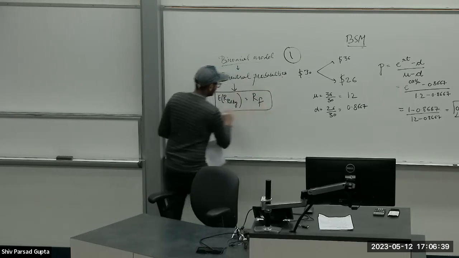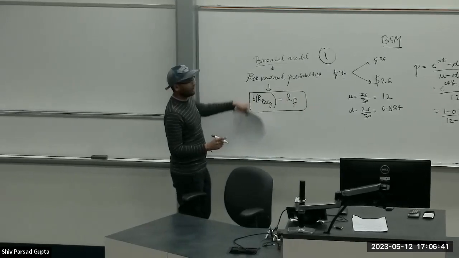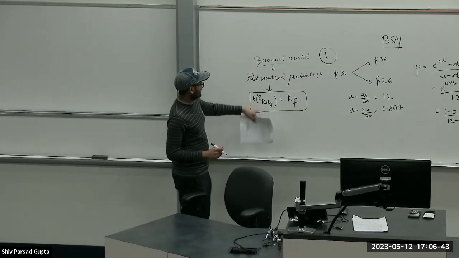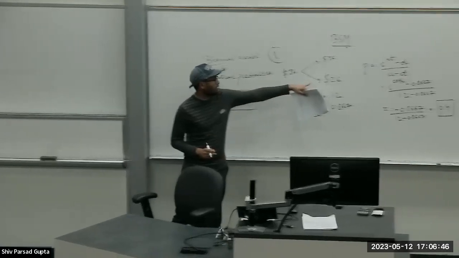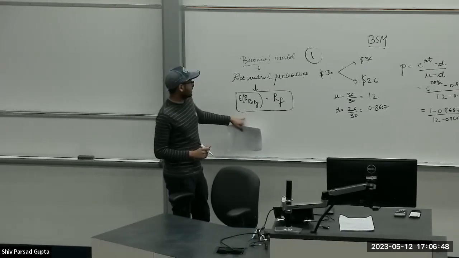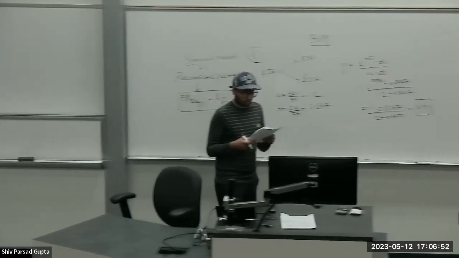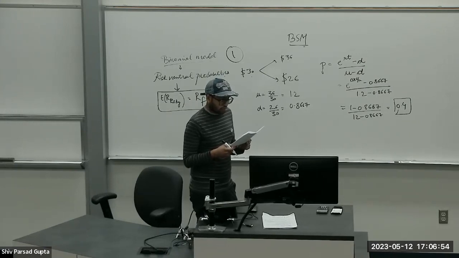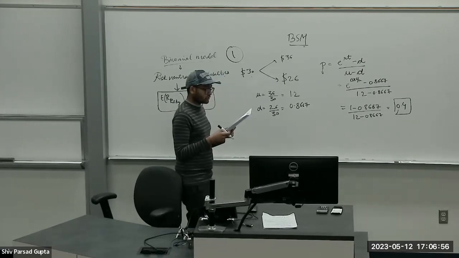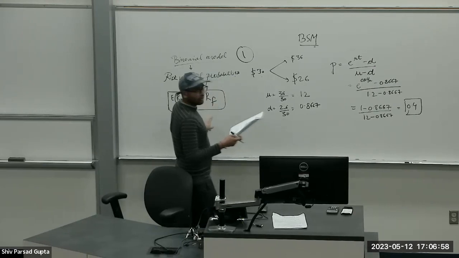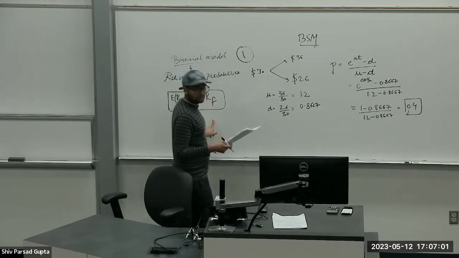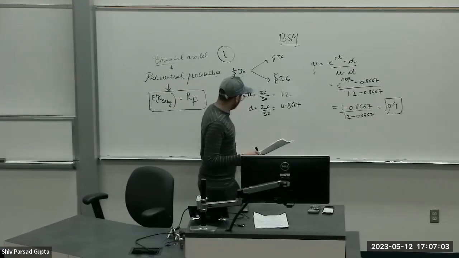This is the basic phenomenon backed by the binomial model, and that's how we calculate the risk neutral probabilities over here, with this formula. So the correct answer for question number 2 is: in a binomial tree created to value an option on a stock, the expected return on the stock will be equal to the risk-free asset return. Any questions?